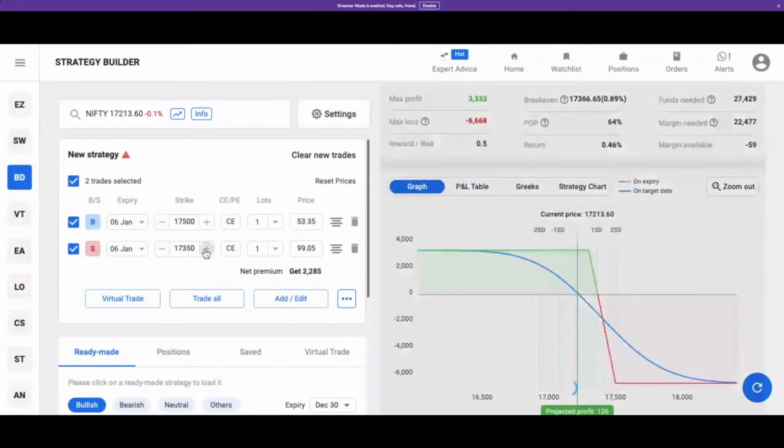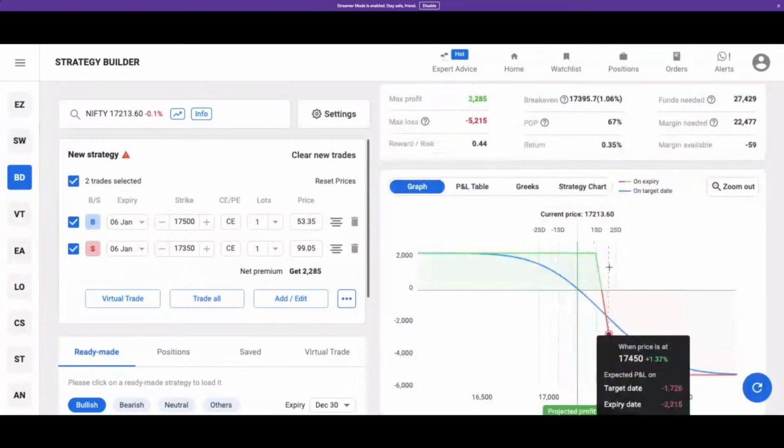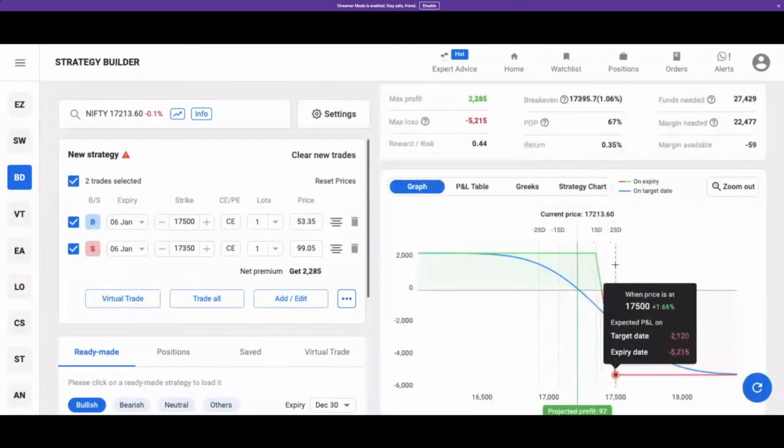So in this instance, even if the markets fall by a proper 200 points, and it's now reached 17400 or whatever, you still have your break even right there. Despite the markets moving by a huge chunk, by 200, to break even all you really need is just 20, 30, 50 points, which is nothing. It can happen within an hour, which is not even a long period of time.